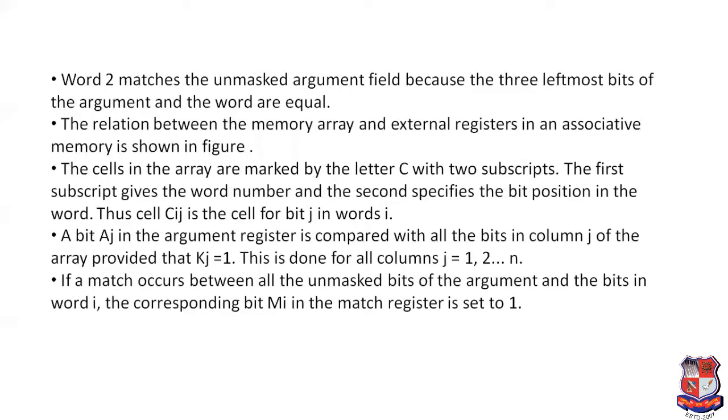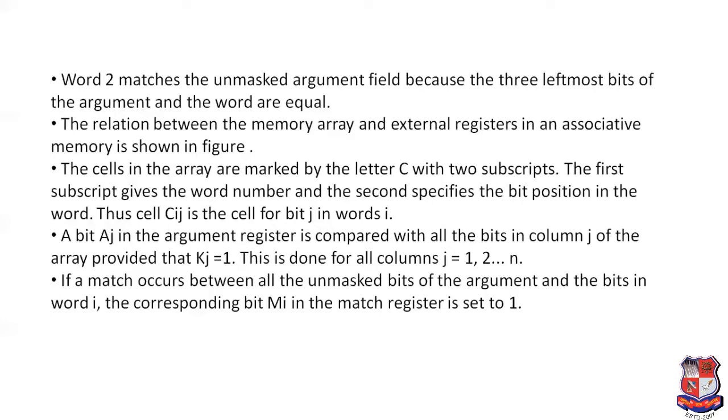Now, word 2 matches the unmasked argument field because the 3 leftmost bits of the argument and the word are equal. The relation between the memory array and the external registers in the associative memory is shown in the figure. The cells in the array are marked by the letter C with two subscripts. The first subscript gives the word number and the second specifies the bit position in the word.